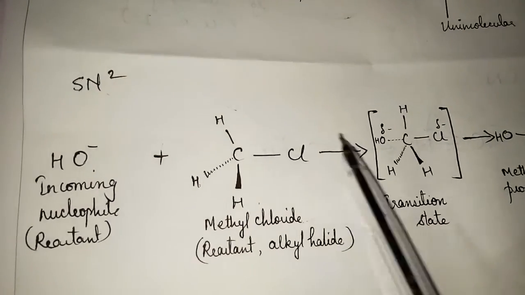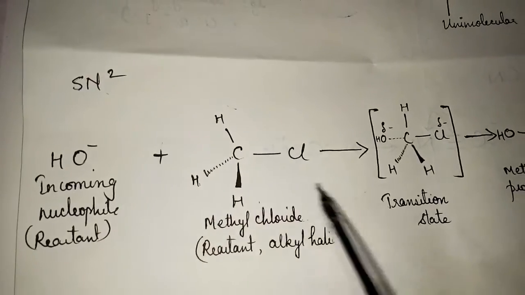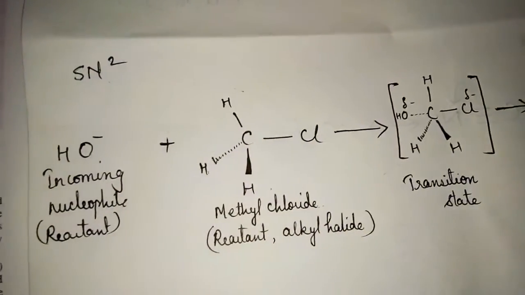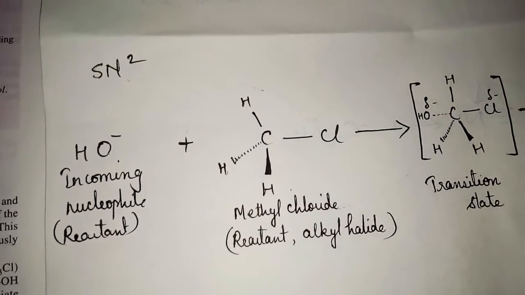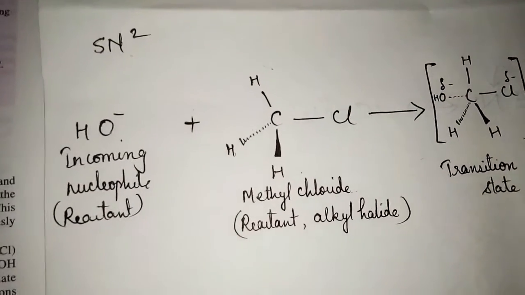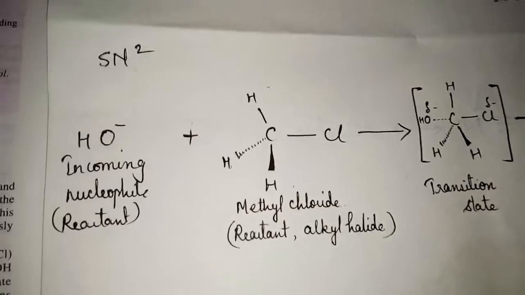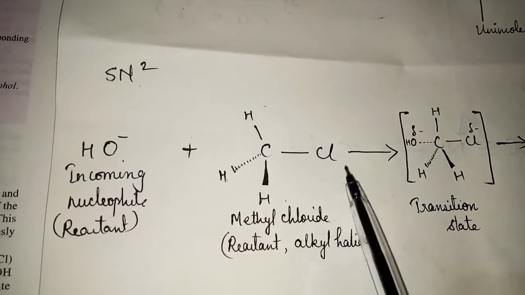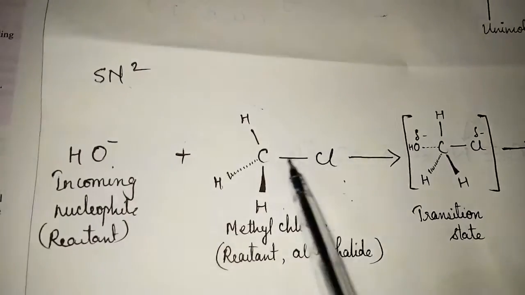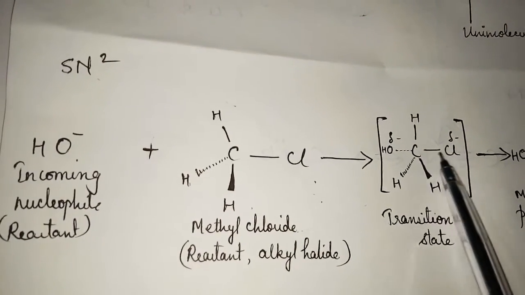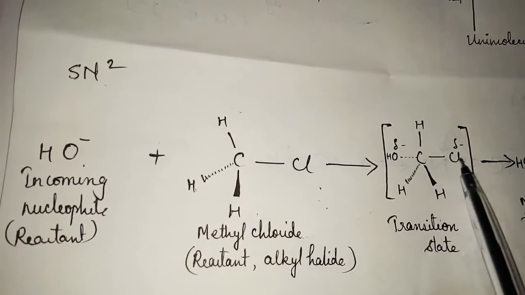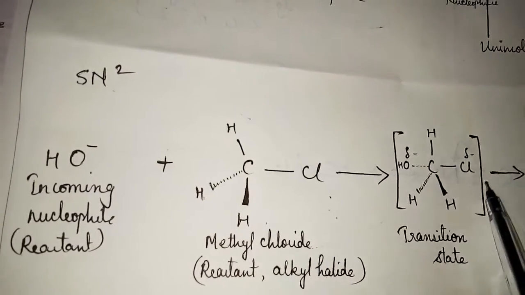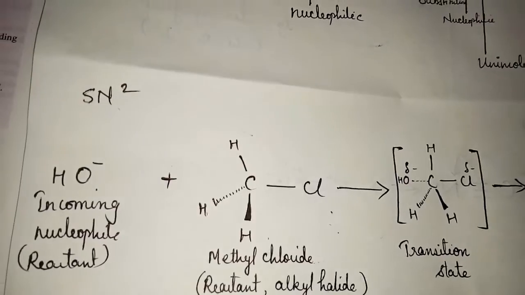There should be no hindrance, no bulky group attached with the alkyl halide. So what happens? The incoming nucleophile approaches alkyl halide and starts interacting, and the carbon halogen bond starts breaking and a new carbon OH bond starts forming.